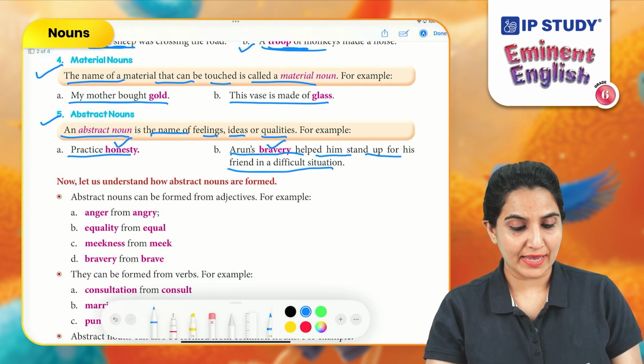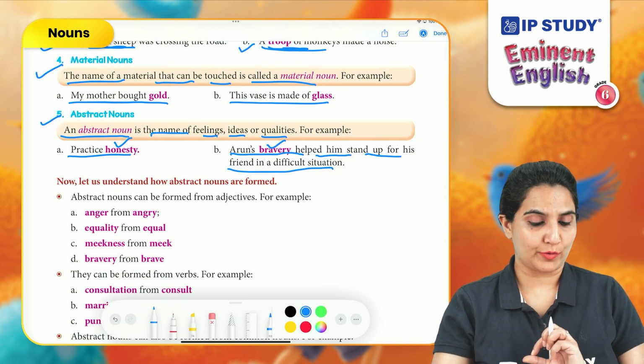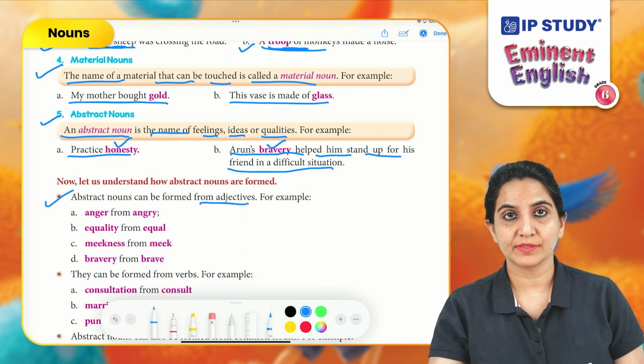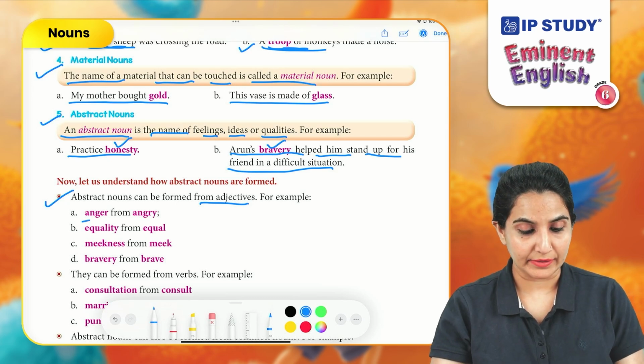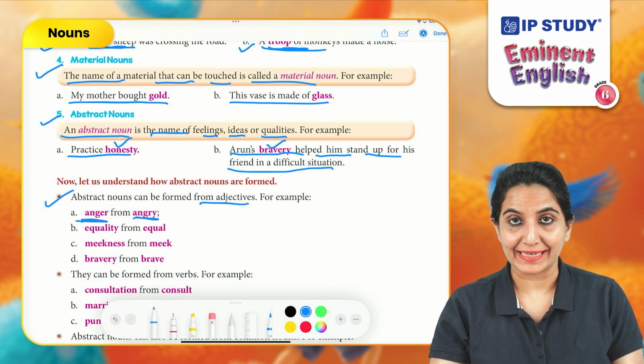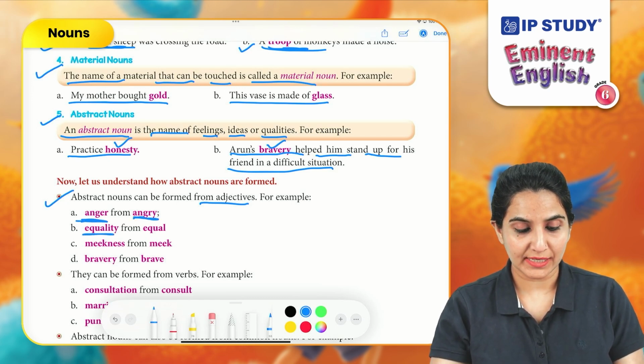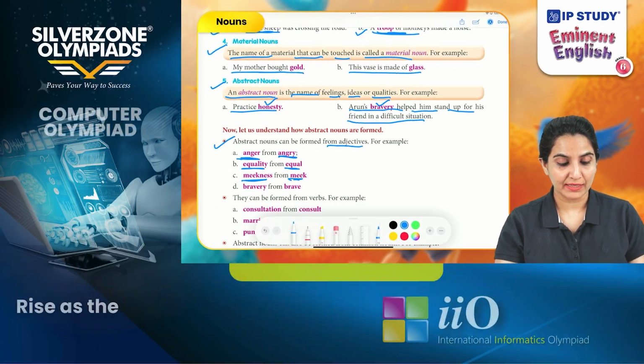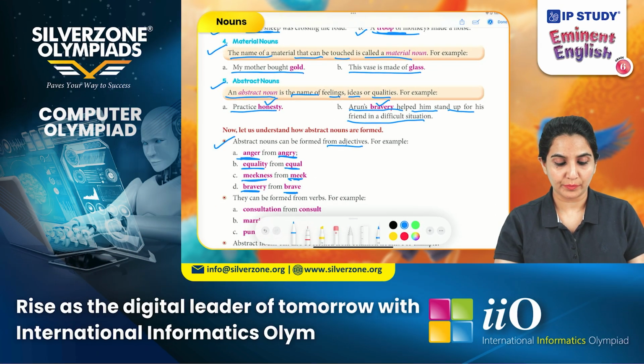Let us understand how abstract nouns are formed. Abstract nouns can be formed from adjectives. For example, anger from angry, equality from equal, meekness from meek, bravery from brave.